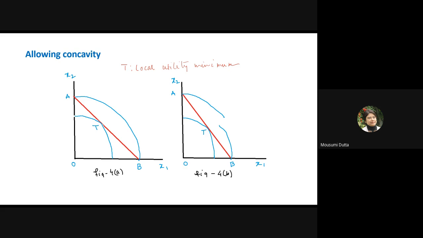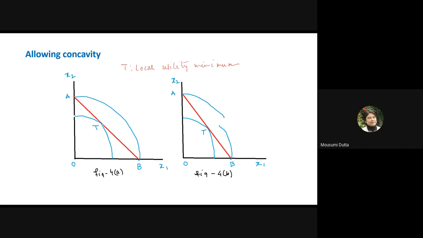Though it is a point of tangency between the indifference curve and the budget line, though the slopes of the two curves are the same at point T, though MRSXY is equal to Px by Py at T, this is only a local utility minimum, because if the consumer starts reducing consumption of one of the commodities, the consumer will be able to move to a higher indifference curve, still remaining on the budget line.